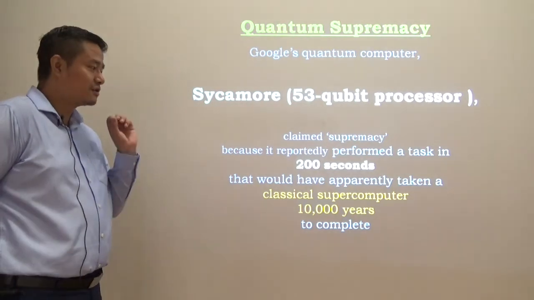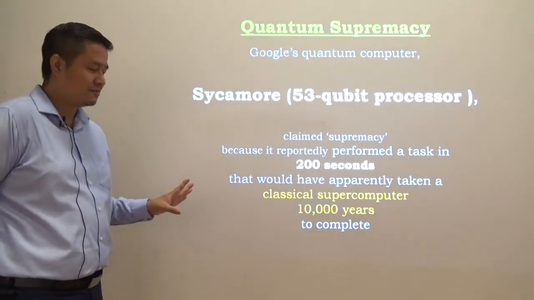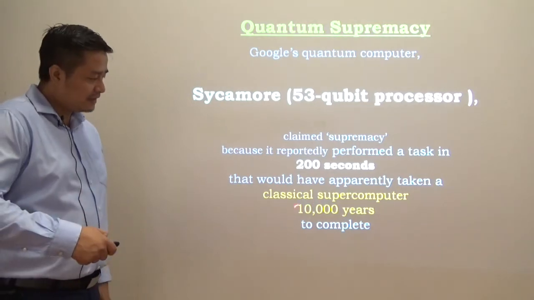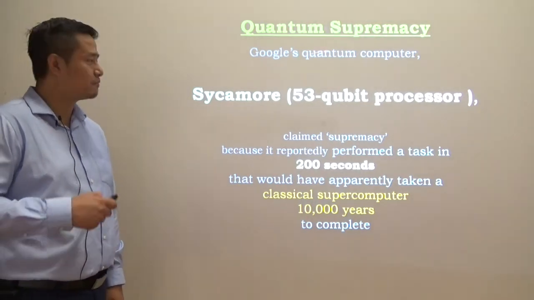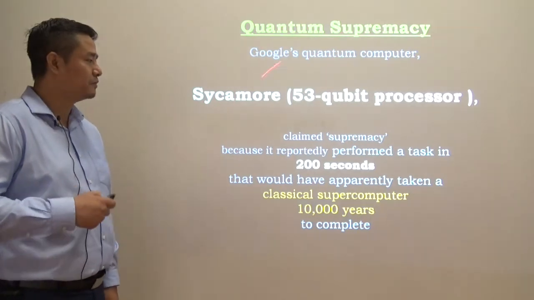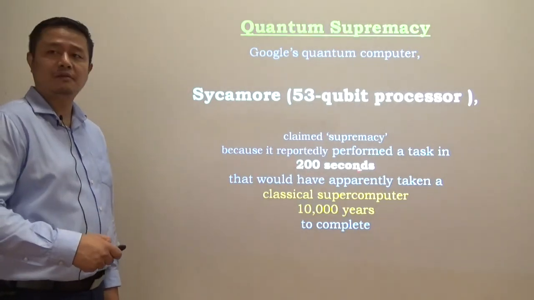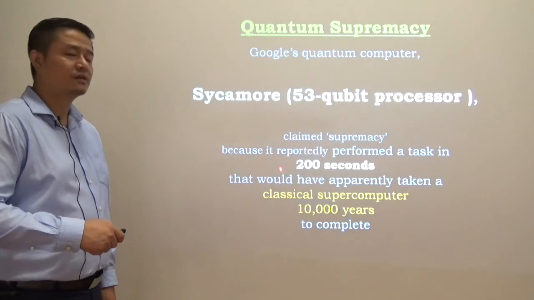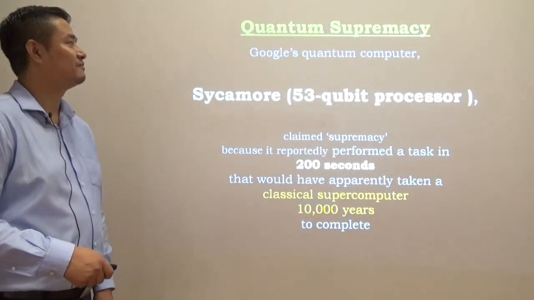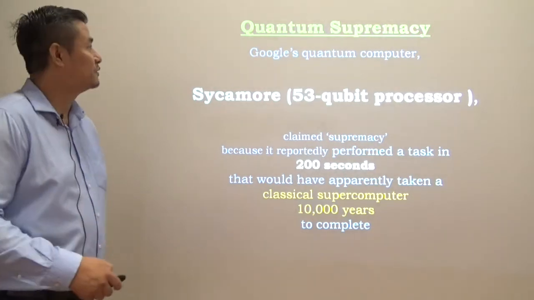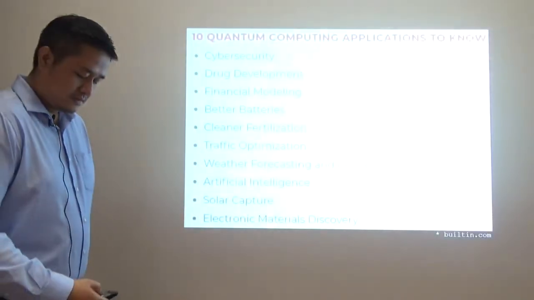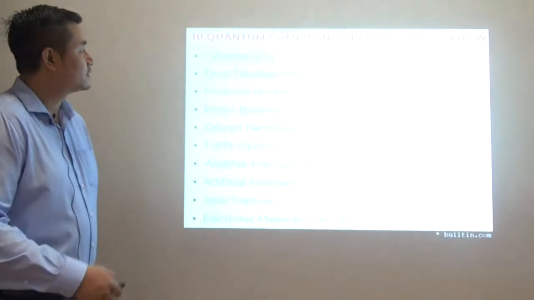A classical supercomputer would take 10,000 years, but their 53-qubit processor can complete the same task in just 200 seconds. So that is the difference between a quantum computer and a classical computer.